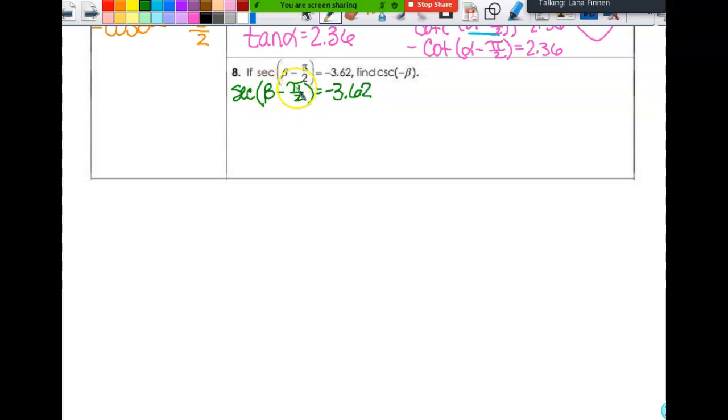So in here, I'm going to flip them around. So the secant of negative pi halves plus beta equals negative 3.62. So then I'm going to factor out inside there: secant of negative, and then pi halves minus beta equals negative 3.62.